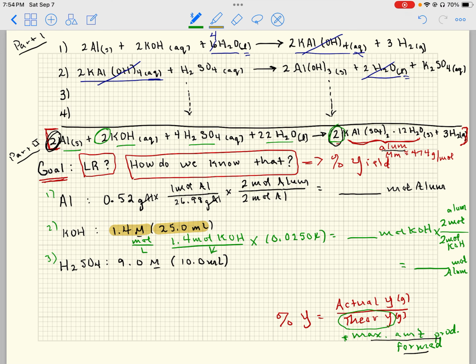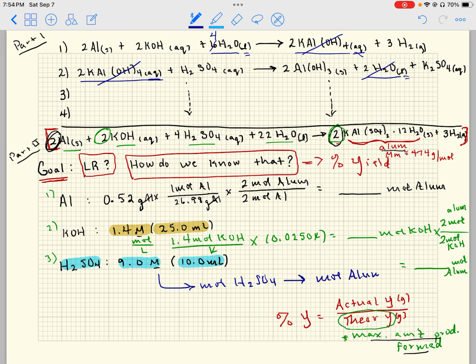We're still not finished because we still need to do the same thing here with sulfuric acid, noting that this time we used 9 molar and I ended up using 10 mLs. So for this particular one, I've also got to get from moles of sulfuric acid to moles of alum.